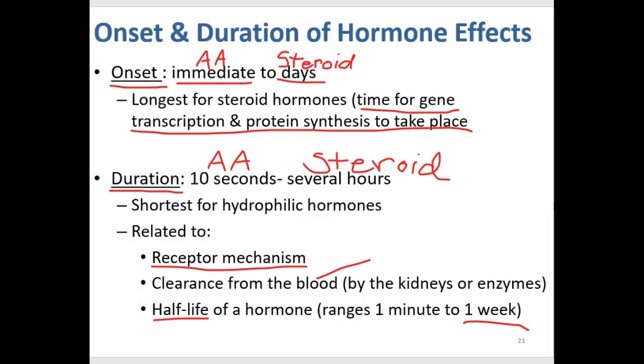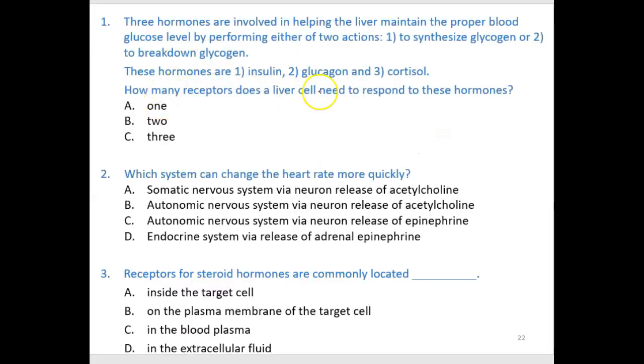Okay, let's do a review. I'll read these questions to you, but I guess you don't really need me to. There are 3 hormones that help the liver maintain blood glucose levels, either by having the liver synthesize glycogen or break down glycogen. These hormones are insulin, glucagon, and cortisol. So there's 3 hormones made by the body that act on the liver.